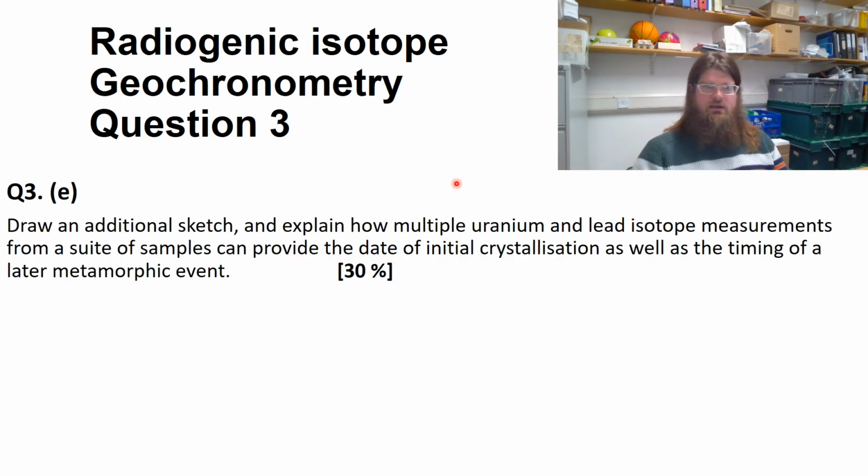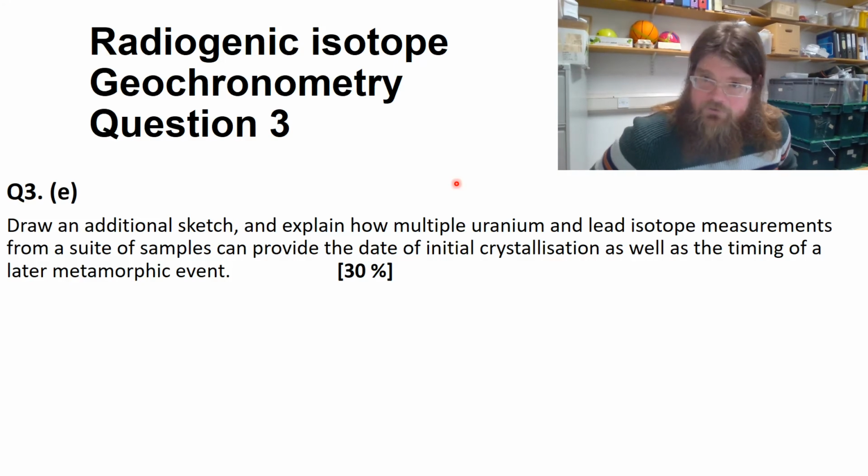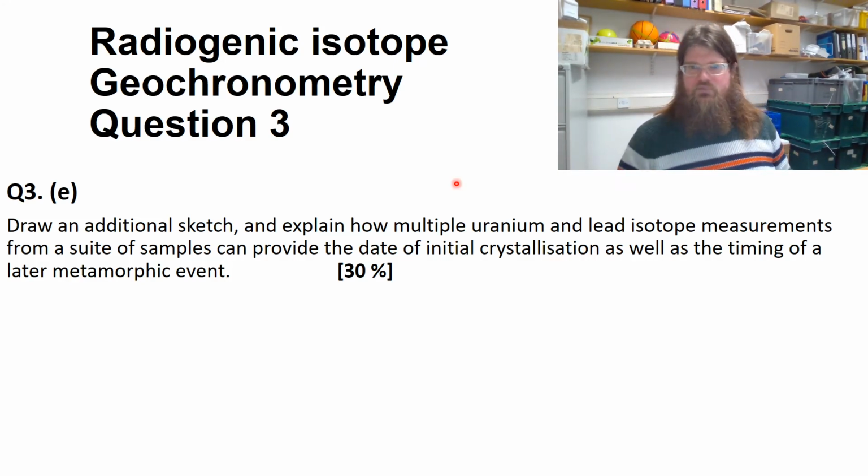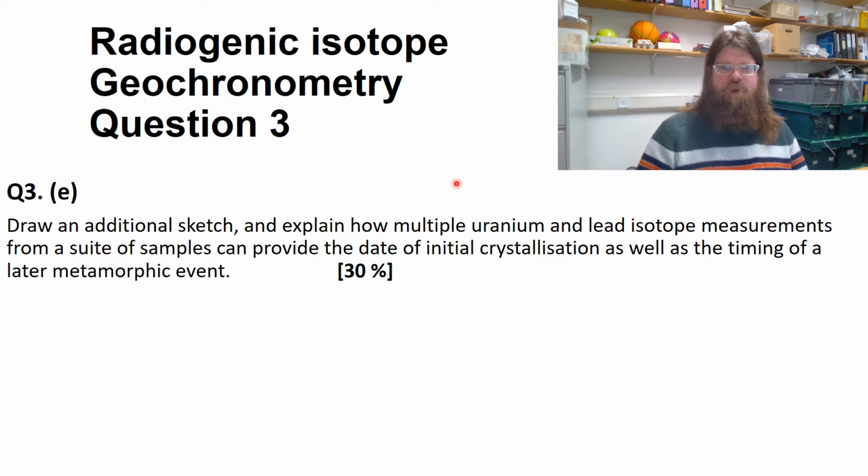And then the last part of this question is basically to do another sketch and explain how we can use that kind of graphical arrangement to calculate ages where this assumption of a closed system is not met, so where we might have lost or gained some lead from our samples.